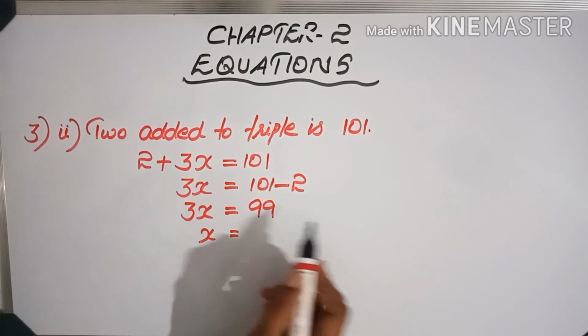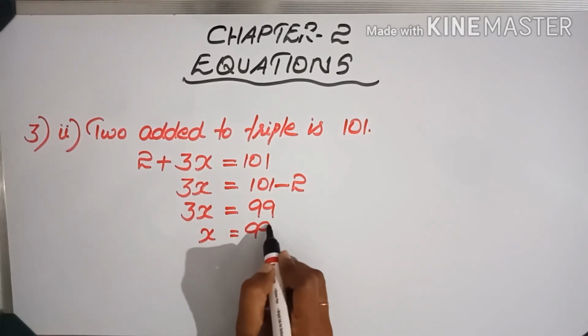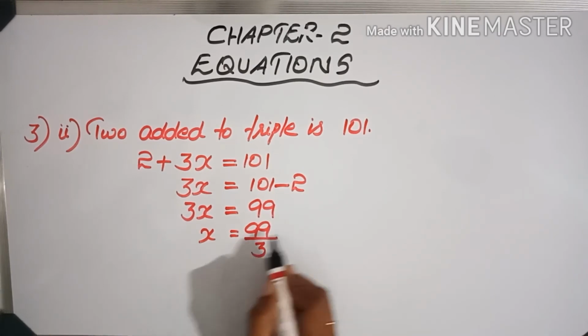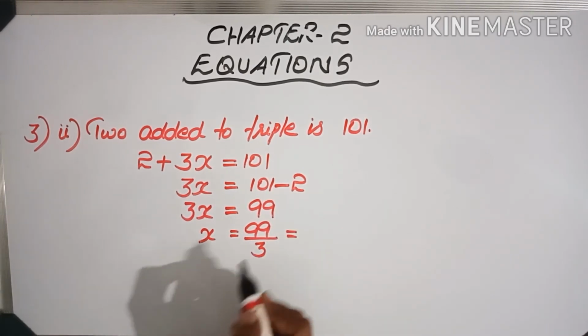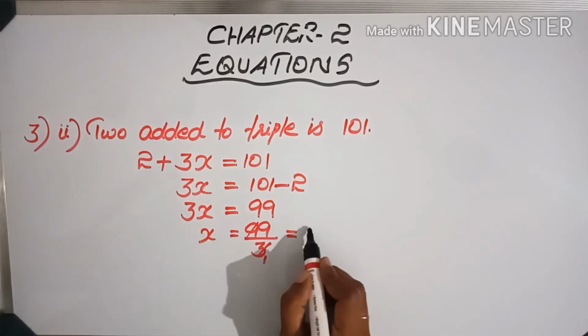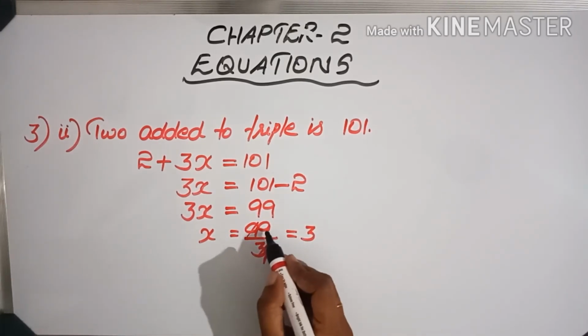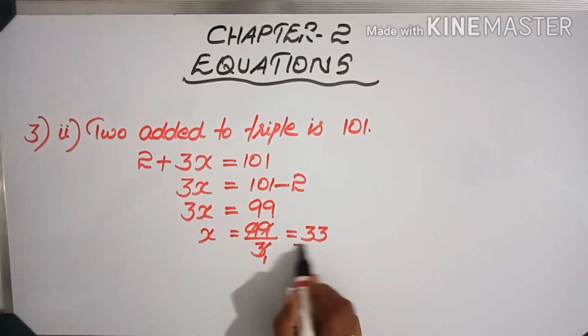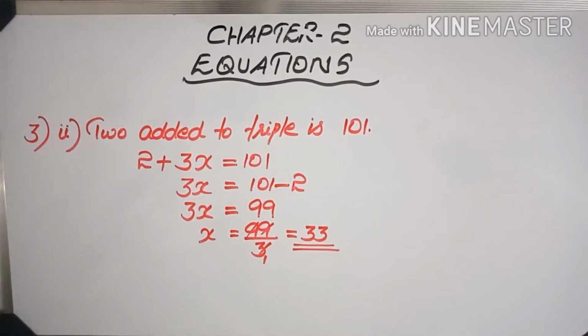So 99 divided by 3. What will be the answer? In 3 only 1 3 is there. In 9 how many 3's? 3 3's are 9. Again 1 9. In 9 again 3 3's are there. So 33 is the number.